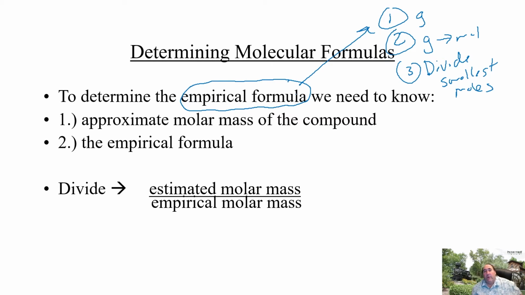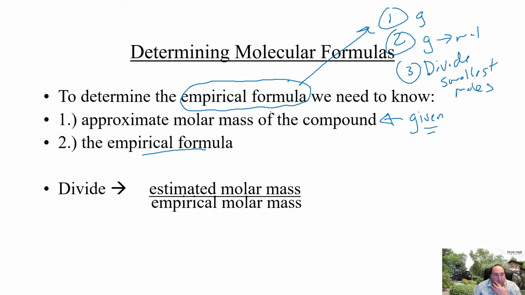Once you have the empirical formula, you then want to figure out the molar mass of the empirical formula. And the third thing that you really need, it's listed second here, but the third thing that you really need is the approximate molar mass of the compound you're looking for. The good news for this is usually in textbook problems, that's given to you in the actual problem.